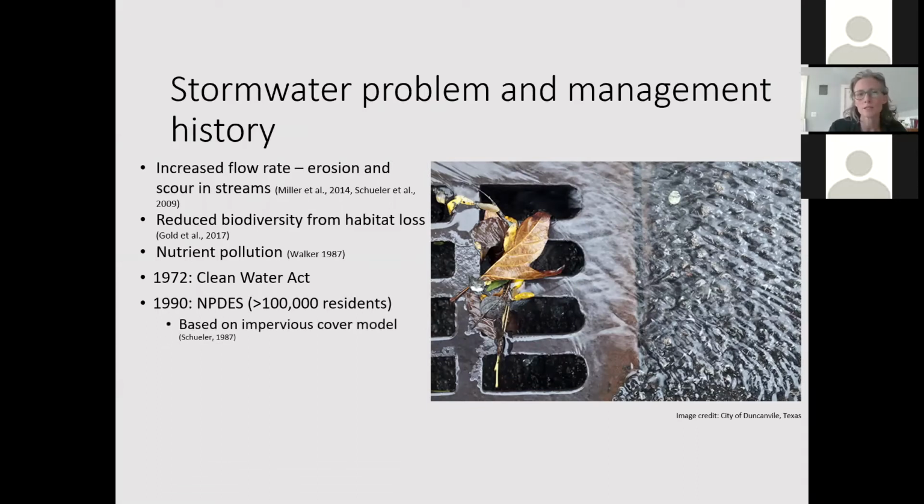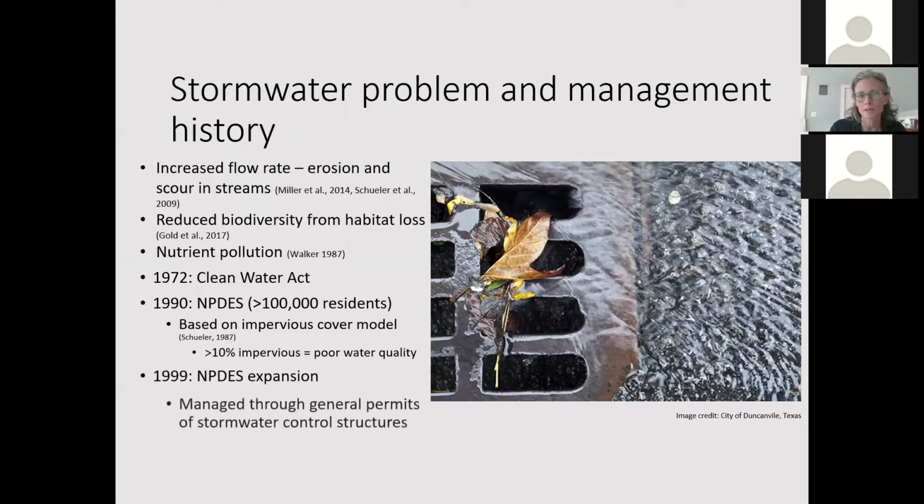And NPDES is a permit that's specific to impervious cover, and it's based on this impervious cover model, which essentially states that when you get greater than 10% of impervious cover in a watershed, you will result in poor water quality. And so the NPDES permit expanded about 10 years after it was first developed to have the permittees managed through general permits of stormwater control structures.